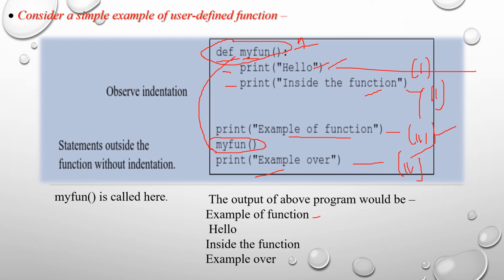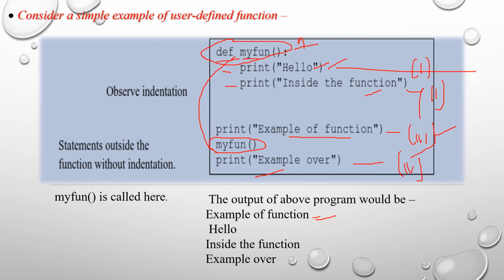So in a function, the execution flow is in sequential order. The statement print "example of function" is going to execute first, and the output is "example of function". After that we are calling the function, the function name is my function. Under the function the printing statements are two: the first printing statement is "hello" and the second is "inside the function".